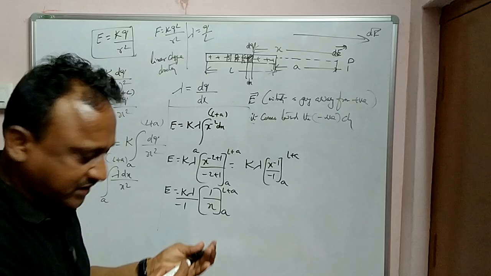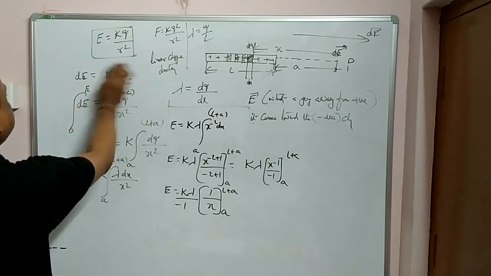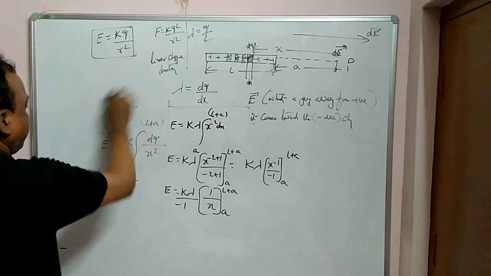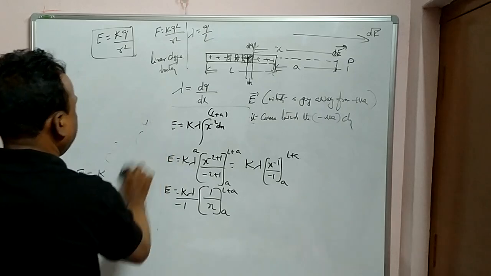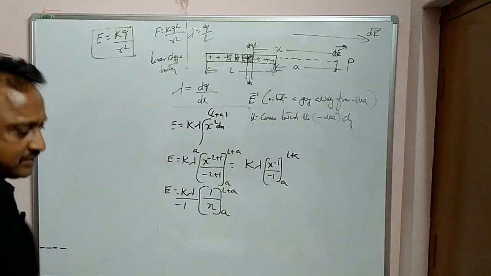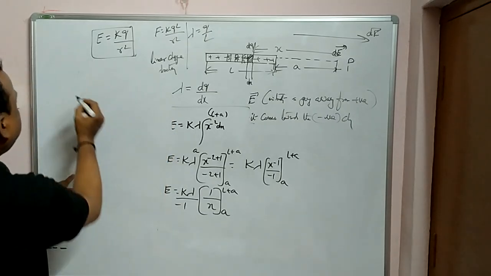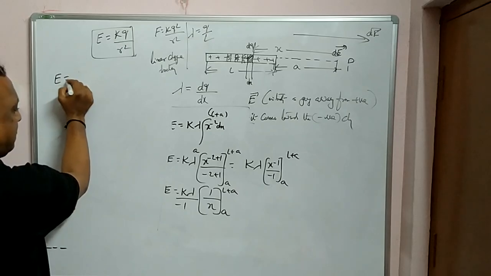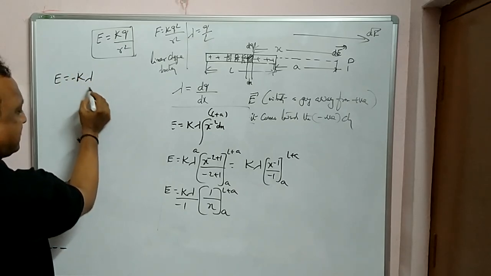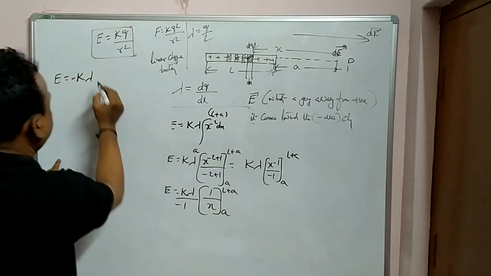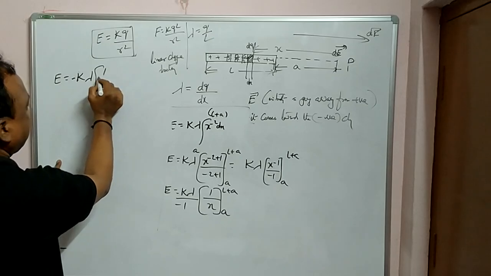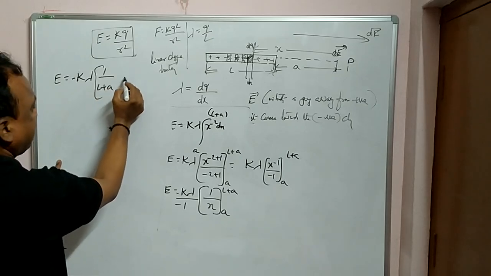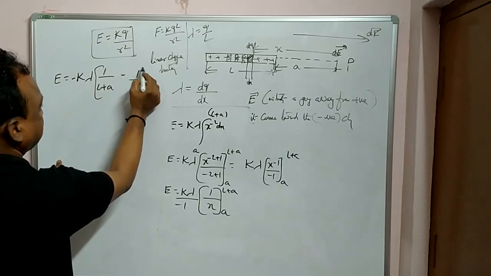So when you solve this one, when we solve that equation, what will we get? E is K lambda, minus, upper limit minus lower limit. What is the upper limit? L plus A, minus the lower limit.